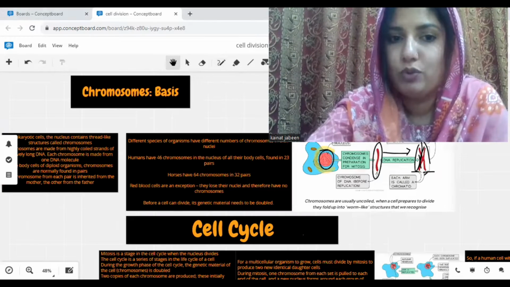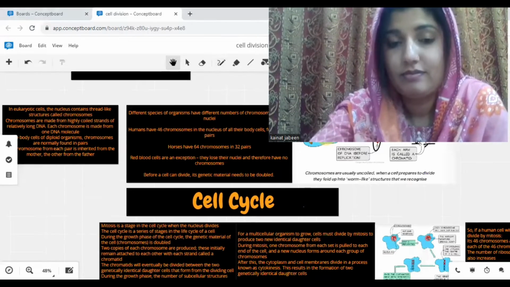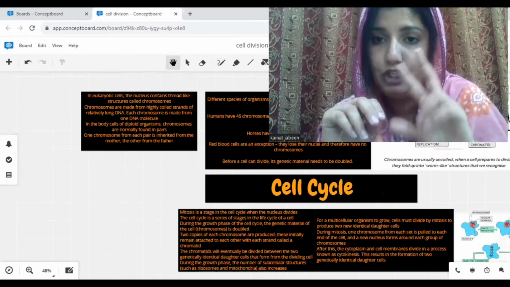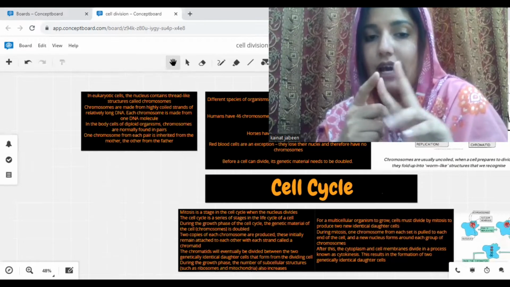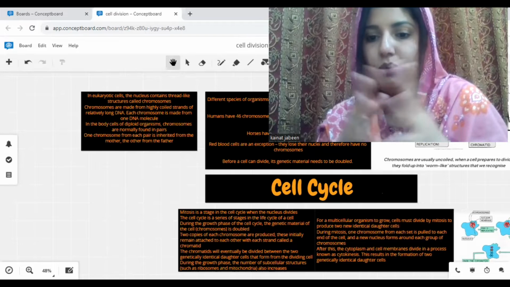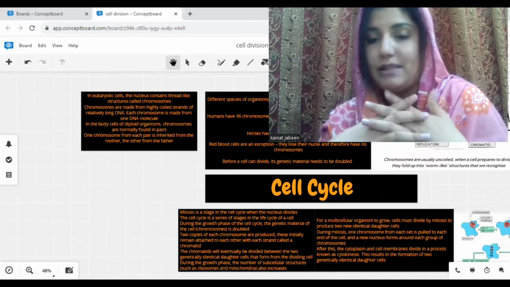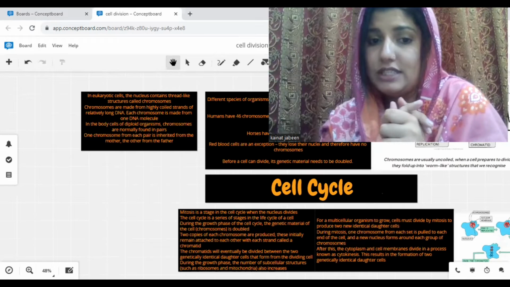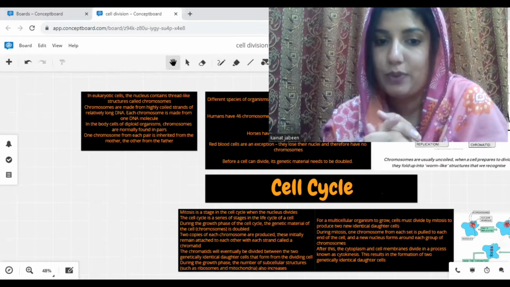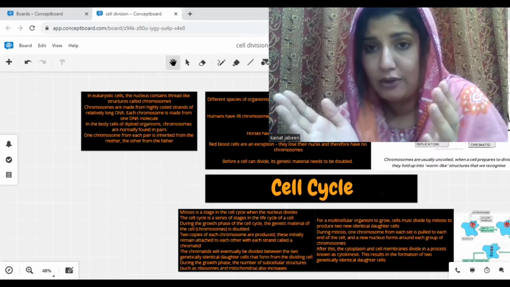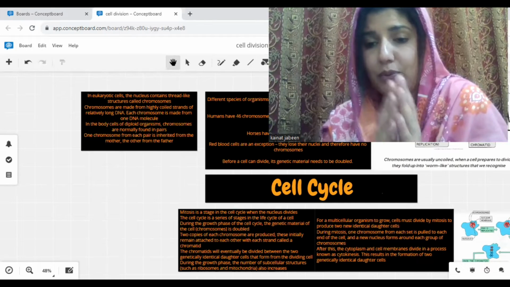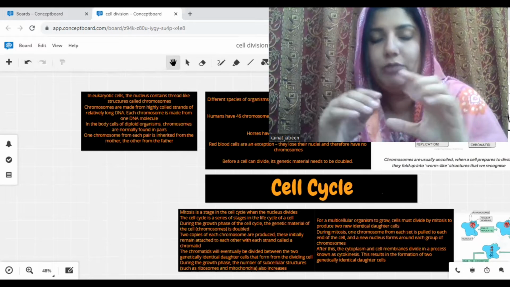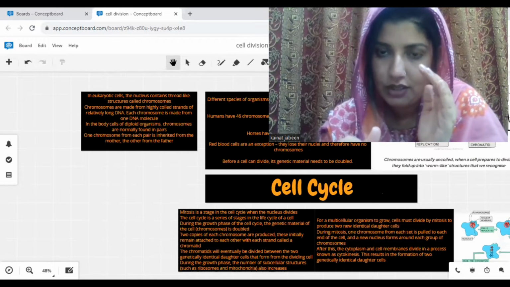Now we have to move toward the cell cycle. The cell cycle happens in two processes, meiosis and mitosis. Today we will discuss mitosis, the main one through which cell division occurs. Mitosis is the stage in the cell when the nucleus divides. So how the nucleus is going to divide, which things are going to happen, we will discuss. First, the genetic material prepares itself for division.